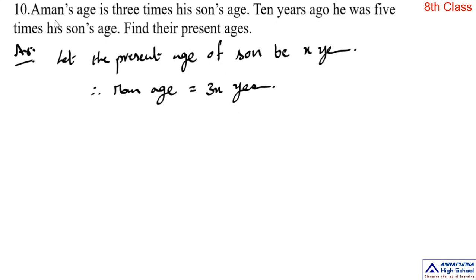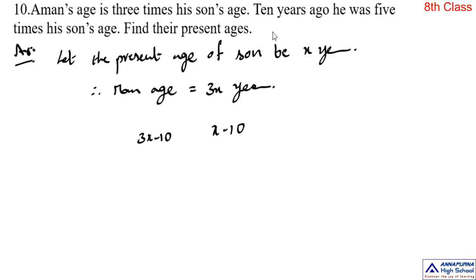Because he said very clearly, man's age is 3 times his son's age, and 10 years ago he was 5 times his son's age. In the second statement, he gives the relation between these two ages 10 years ago. So 10 years ago, son's age is x minus 10 years and man's age is 3x minus 10 years.